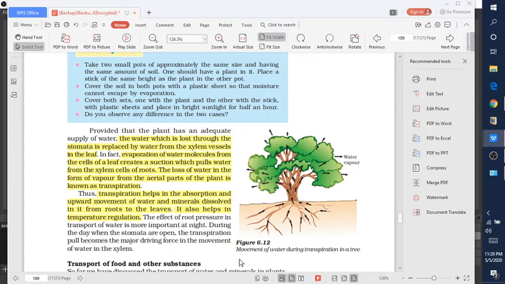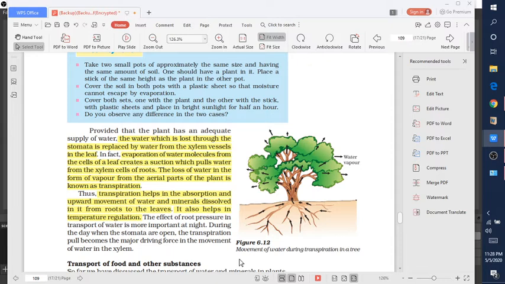The guard cells regulate the opening and closing of the stomata. So stomata have tiny pores present on the lower side of the leaf, with kidney shaped guard cells surrounding them, and these guard cells regulate the opening and closing of the stomata.